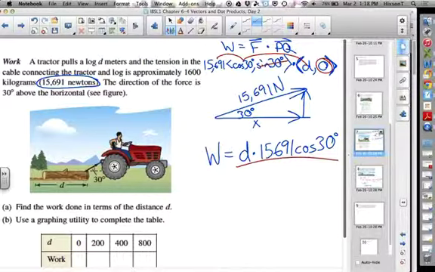Well, this was a dot product, so the dot product says you multiply the horizontal components together plus the vertical components multiplied together. But notice the verticals, you're multiplying by 0. So we use that 15,691 thing times d.